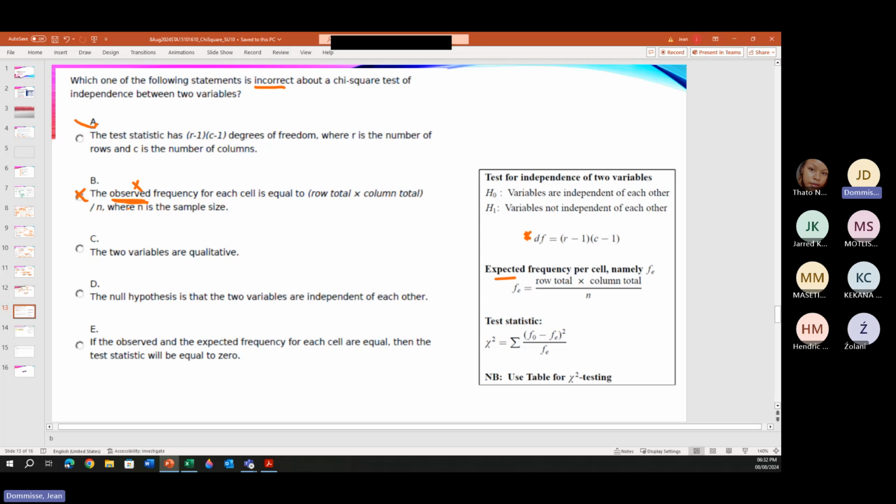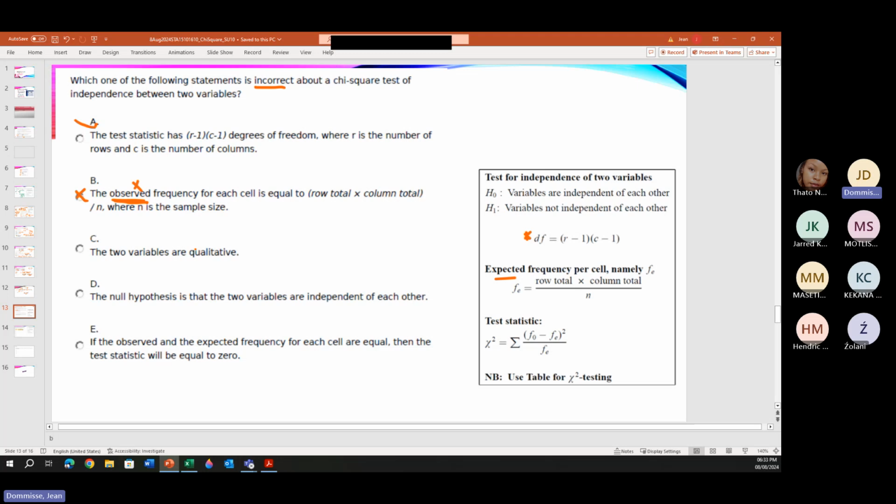The observed is the one that you get. The expected one you work out by row total times column total divided by n. Okay, so observed is what you get. Expected is with this formula. So option B is incorrect because it's the expected frequency that we work out with that formula.